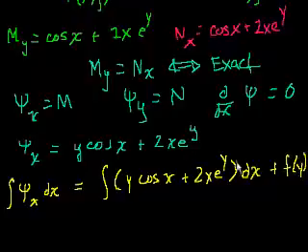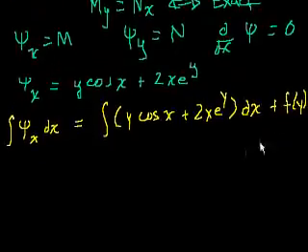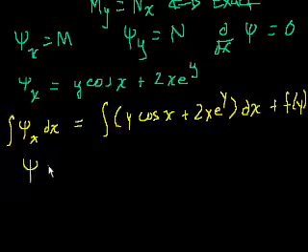So when you take the antiderivative, there might have been some function of y that we lost when we took the partial with respect to x. So anyway, this will simplify to xi. Xi is going to be equal to the antiderivative with respect to x here, plus some function of y that we might have lost when we took the partial with respect to x.